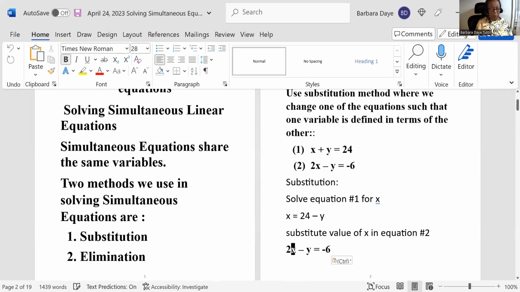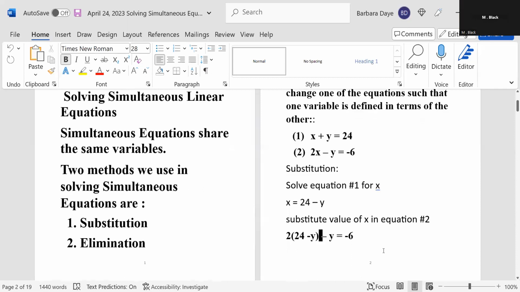So you're going to put that 24 minus y there, right? That's what we mean by substitution. So instead of 2x, we say 2 times 24 minus y, because that's what we found x to be equal to from equation number 1. Everybody with me?